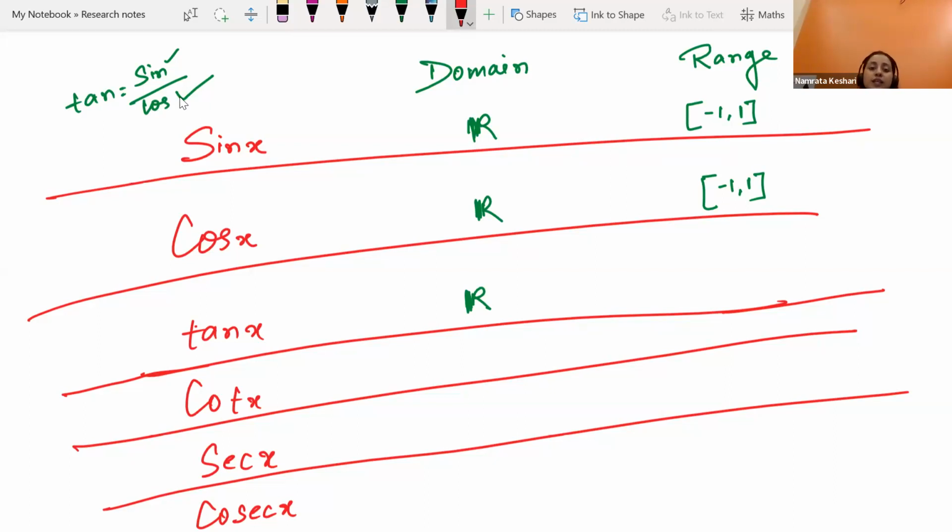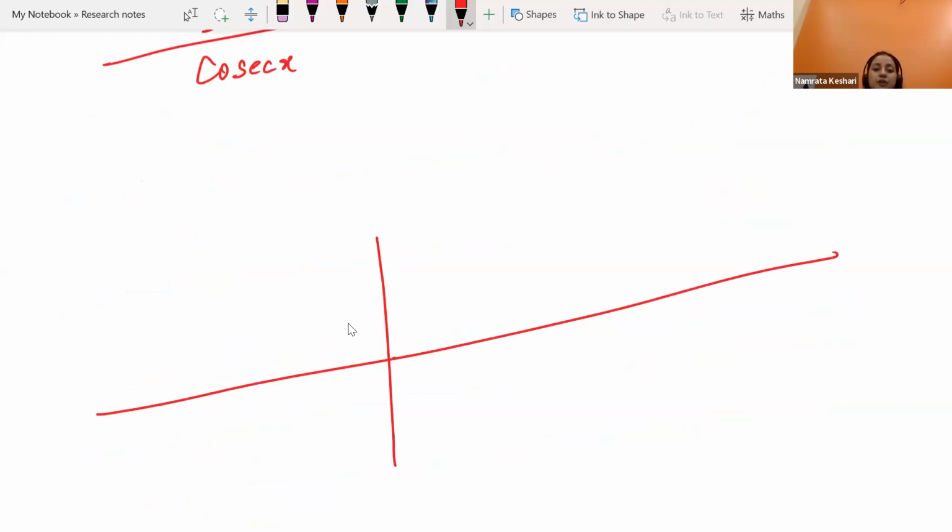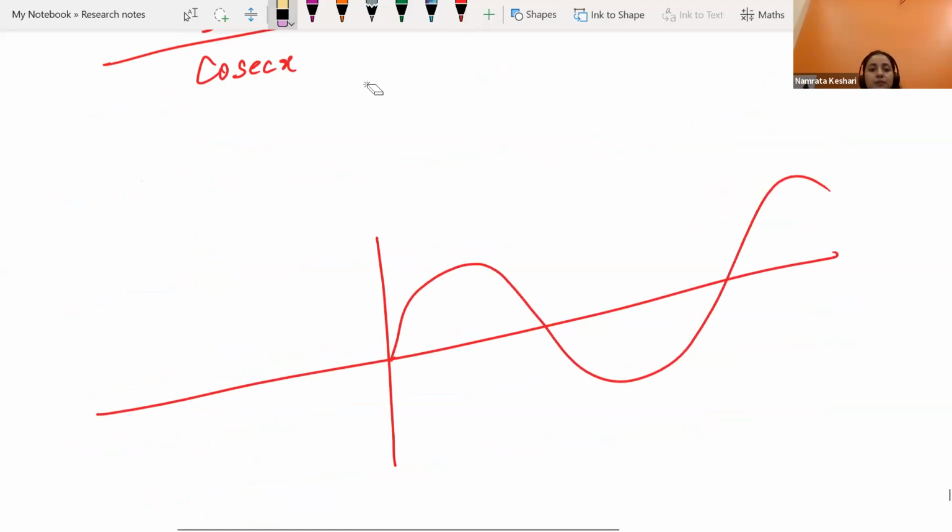So cos will say, okay, I give 0 at odd multiples of pi by 2. I will show you the graph also. At odd multiples of pi by 2, it always creates 0. This is the graph I have plotted.